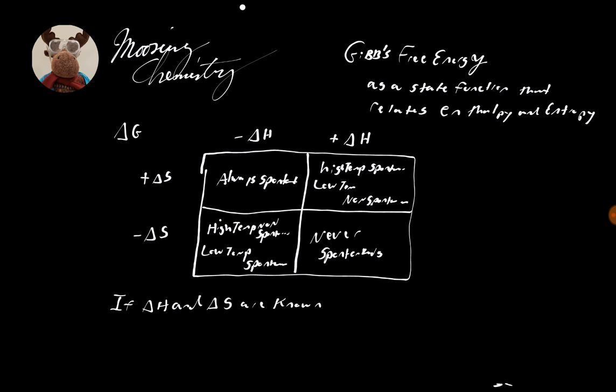It would be delta G of reaction equals delta G naught of products minus delta G of reactants. That's if you know delta H and delta S.